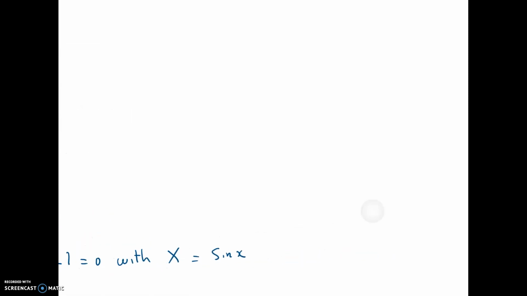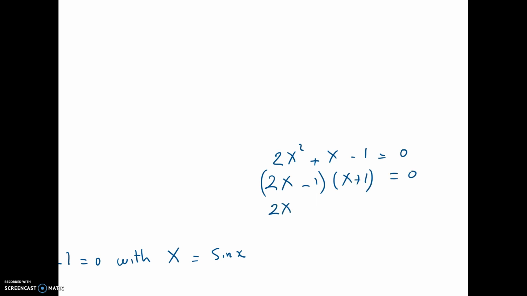So if I look at my equation of 2X squared plus X minus 1 equals 0, I can easily realize this is 2X minus 1 multiplied by X plus 1. And so using the zero product property, I say that the first parenthesis could be equal to 0, or the second parenthesis could be equal to 0.